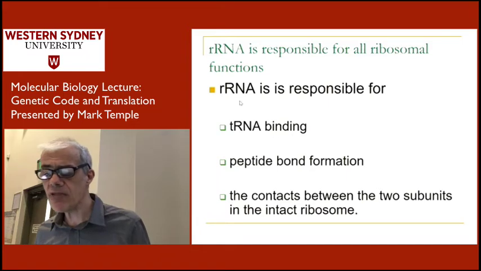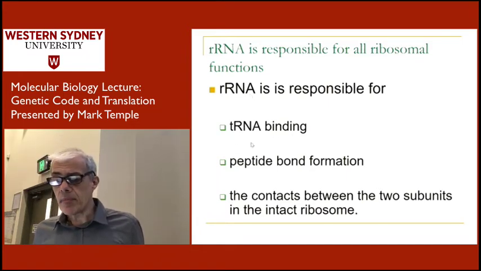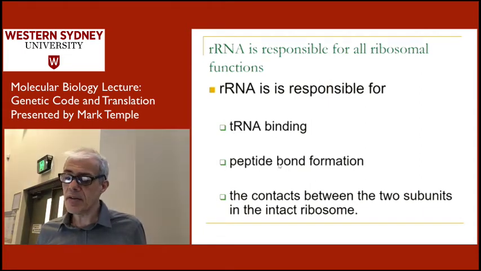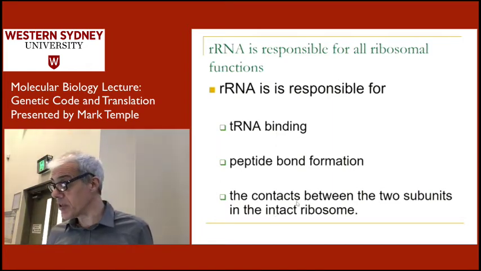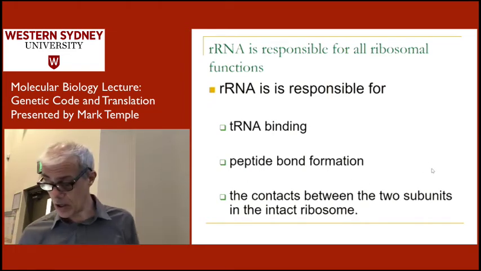RNA is responsible for binding to the transfer RNA, the RNA is responsible for forming the peptide bond, and the RNA is important for forming the connections between the two subunits. The proteins are obviously carrying out functions, but they're more structural functions, and maybe some other functions will be ascribed to proteins over time.